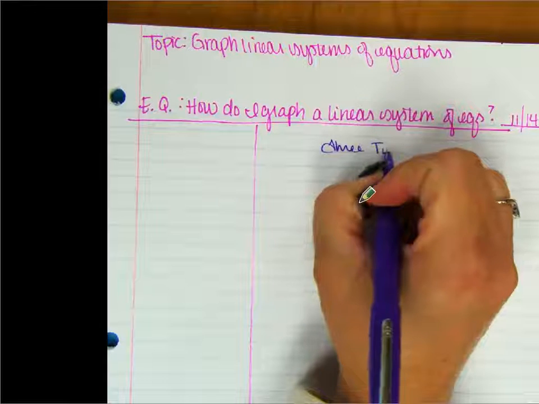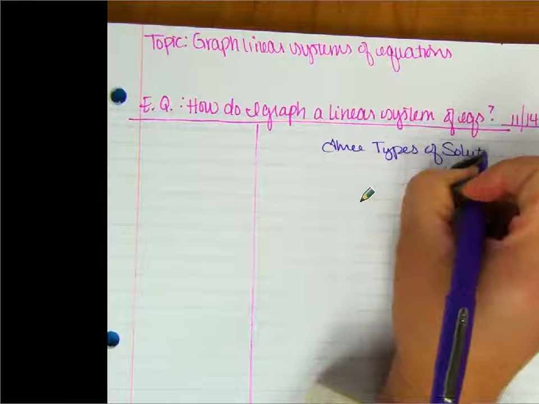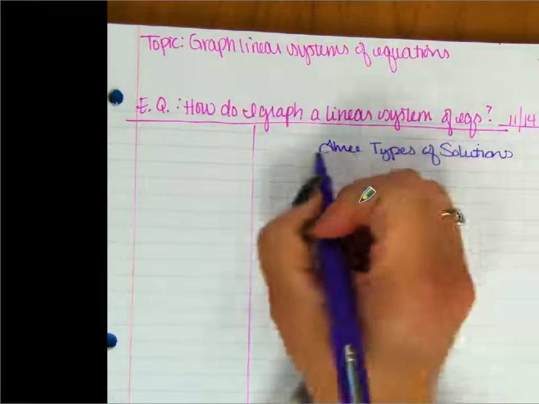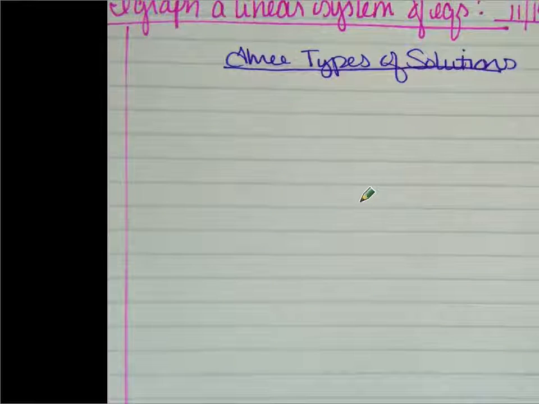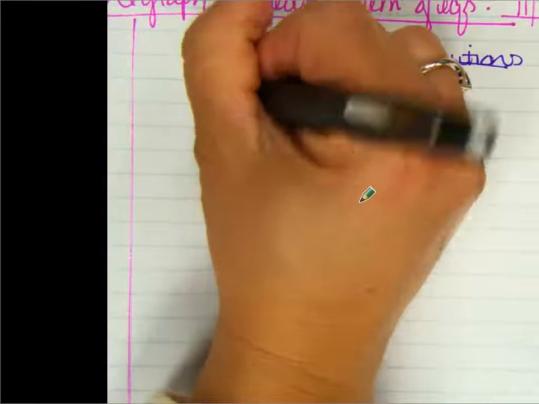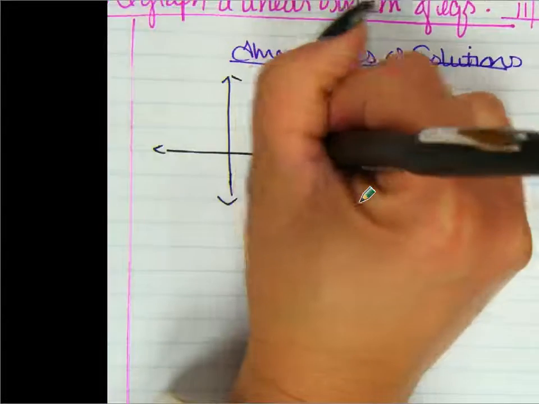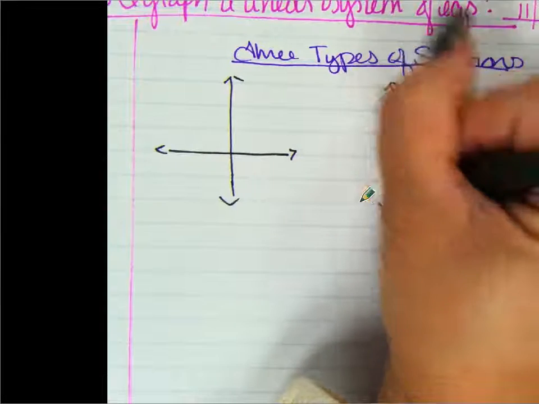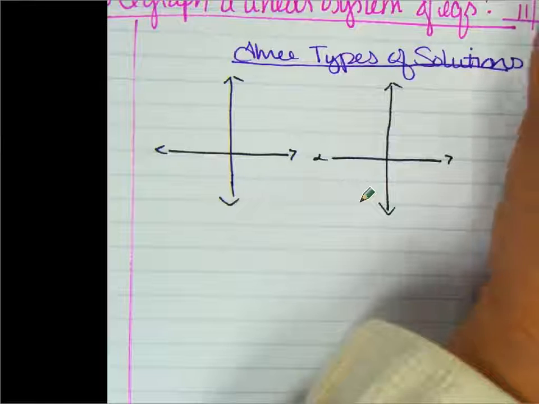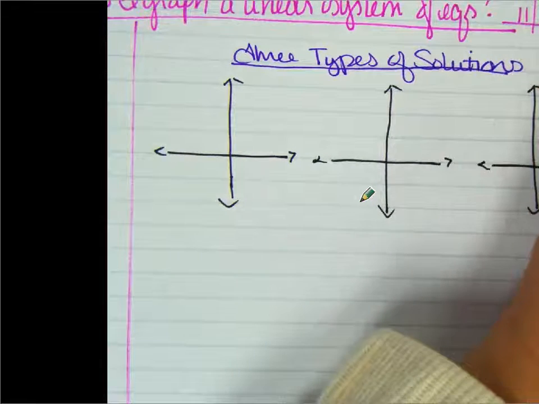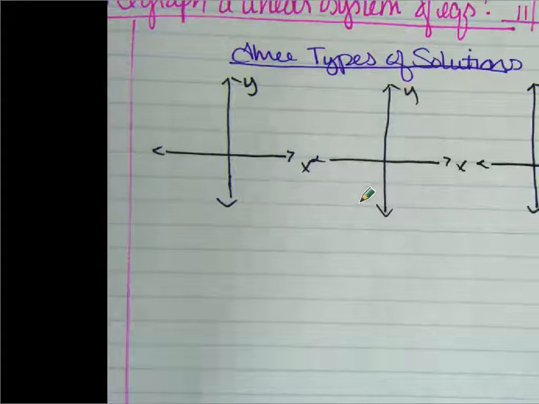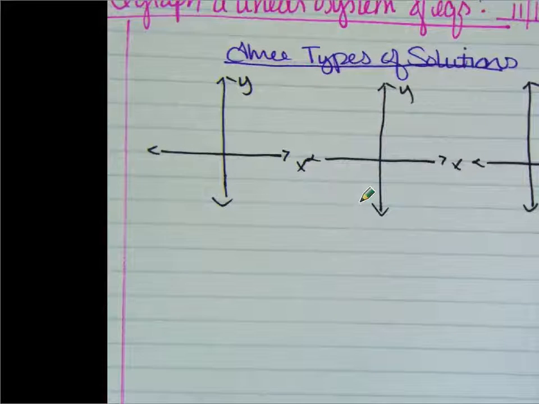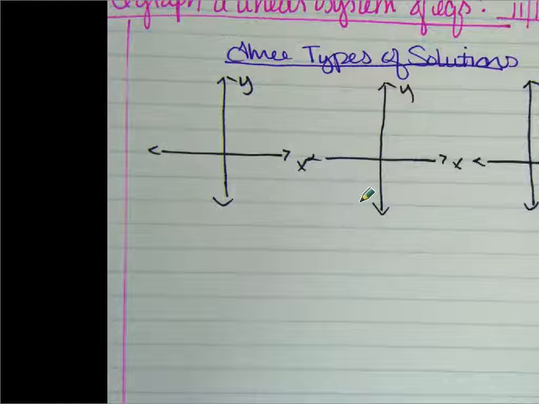All right, there are three types of solutions to a linear system.